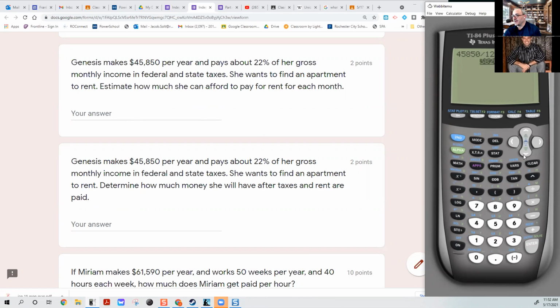I'm going to take this number and multiply it by 0.28, which is 28% with the decimal moved over 2 places to express the percentage as a decimal out of 1, so I can use it for multiplication. I find out that 28% of Genesis' monthly income would be $1,069.83.